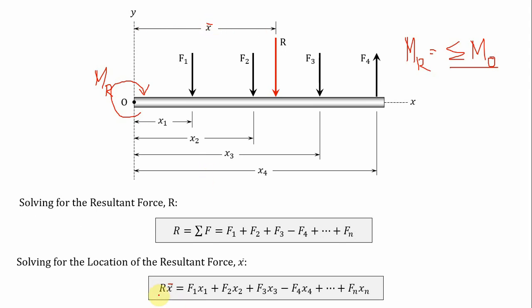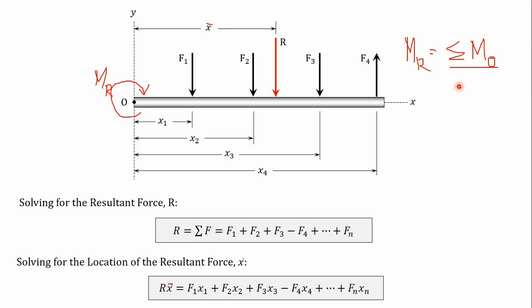So R times bar x is MR, which is equal to the summation of moment at point O. So we have F1 times X1, and the moment produced by F2 is plus F2 times X2. And F3 is plus F3 times X3.